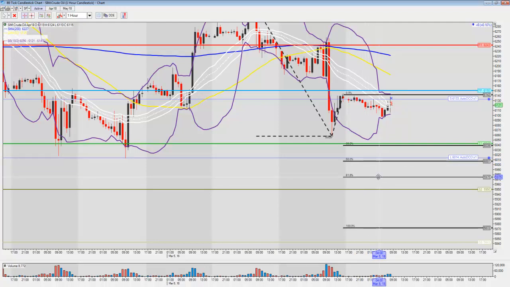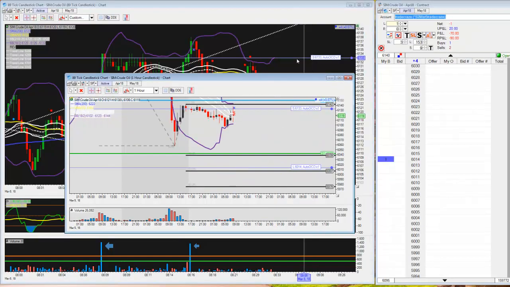Might be able to reach down to 59.77 today in between S1 and S2. That's going to be our target for now, 59.77.